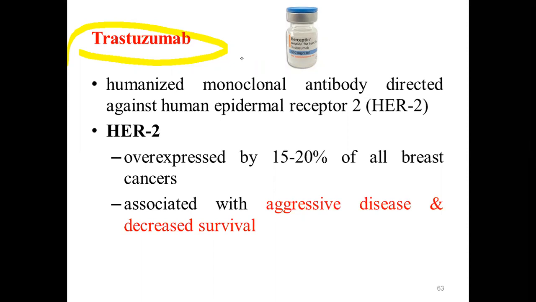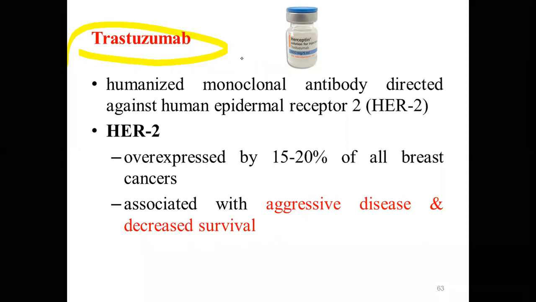Anyone? Any other individuals? What are you discussing currently, Stephanie? Tiffany, please. I only know that it's used in the management of some types of breast cancer. Okay. Have you ever seen trastuzumab anywhere?